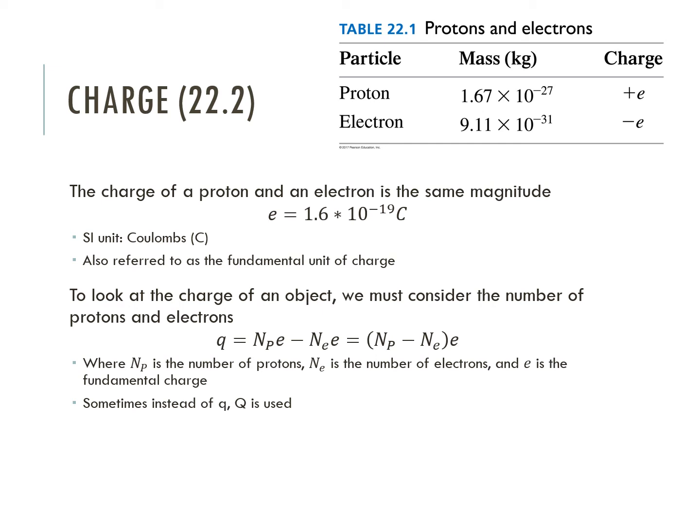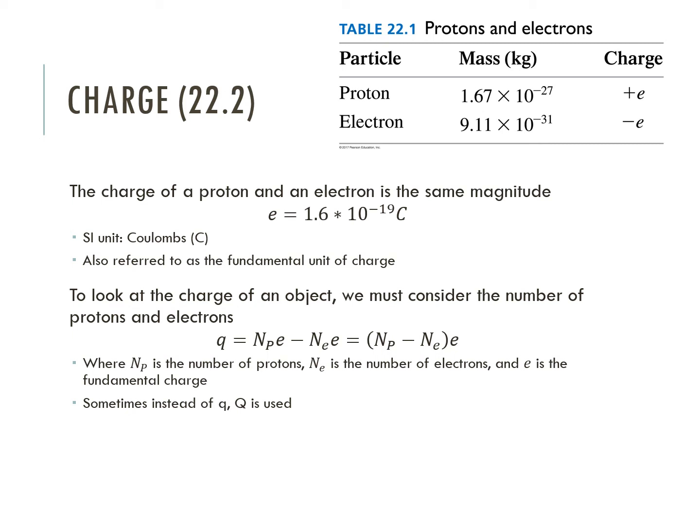Usually what happens is if you have two different charged objects and one has a larger charge, the capital Q is used. And then the lowercase q would be used for the smaller charged object. Also, it's going to depend on your textbook. Some textbooks use capital Q instead of lowercase q across the board.